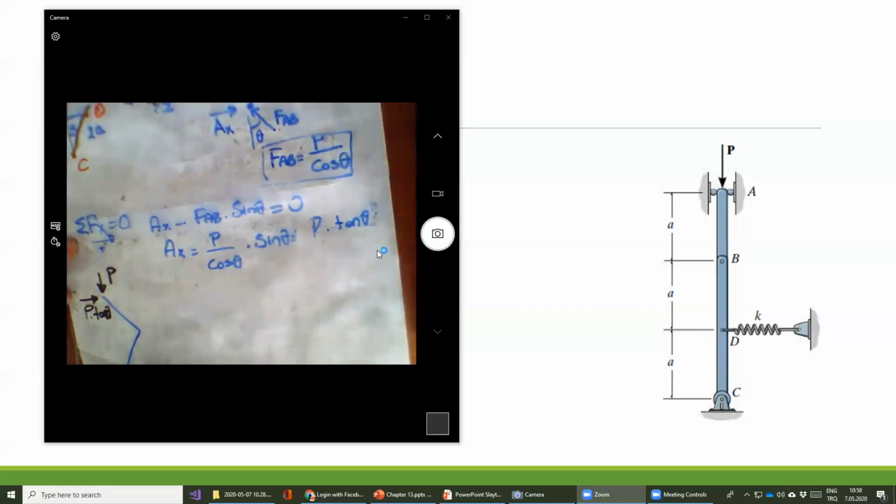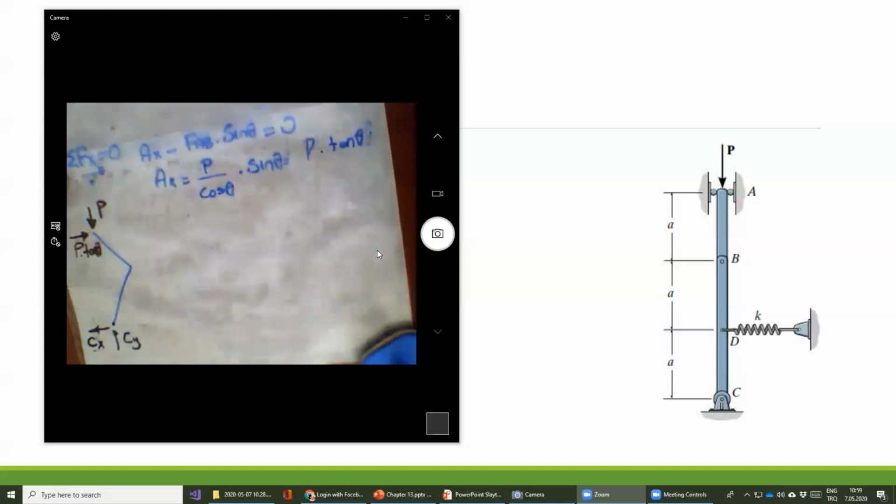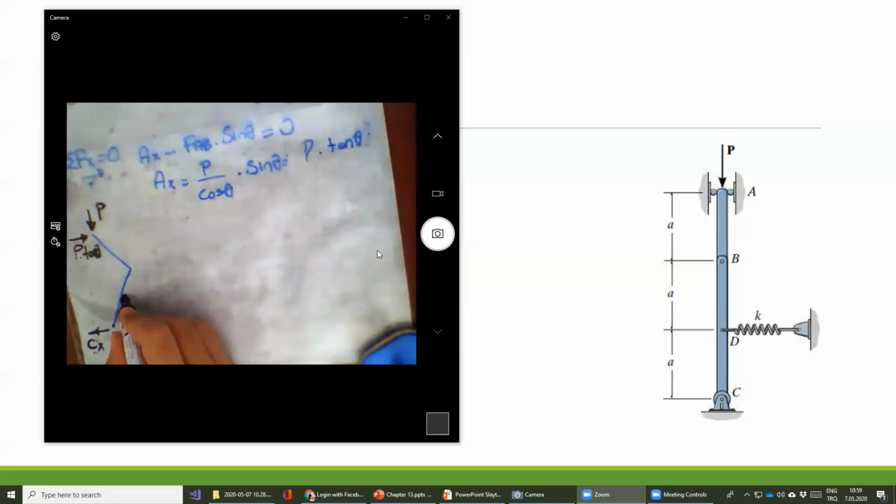Also on point C, we have Cy and Cx support directions. I think Cx should also be in this direction, like this. One more force available here: the spring force, F spring is equal to K times delta. I already calculated this, sorry, K times delta over 2.